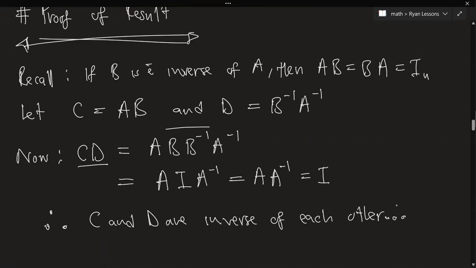So you have proved your result just there, because the only goal is to show that the inverse of AB is actually that, which is what we have shown there. So are we clear with this? Yes. Okay, cool.